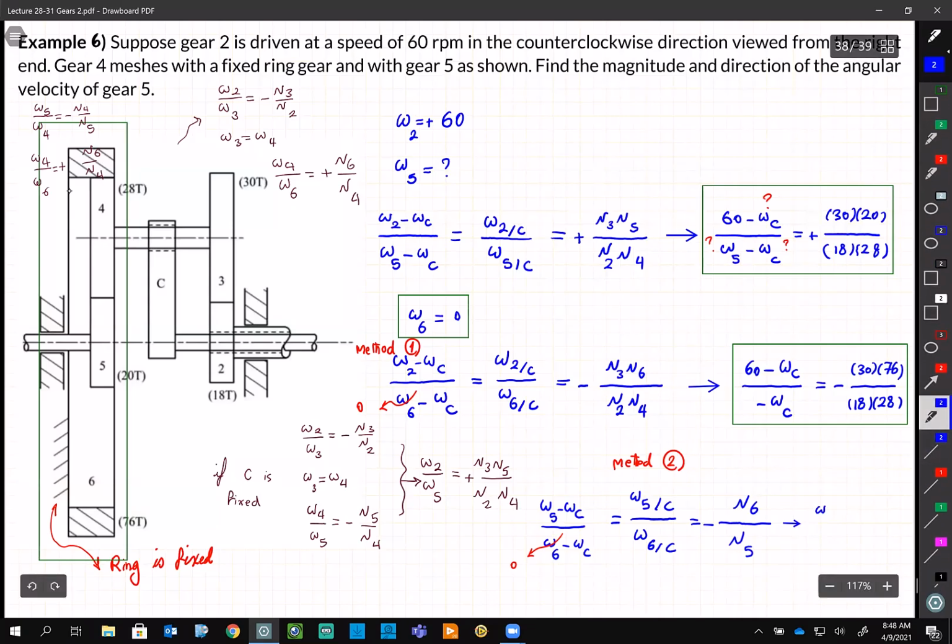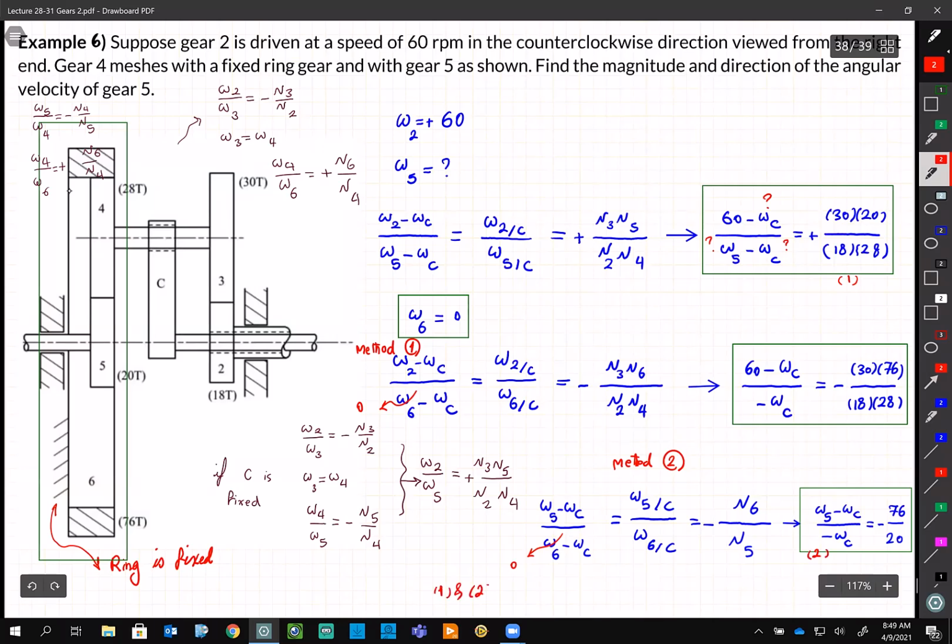This is method 2. So from here, let's quickly finish it and we are done. So omega 5 is unknown, omega C is unknown. And this is minus N6, 76, and N5, 20. Right, in method 2, now you have equation 1 and equation 2.